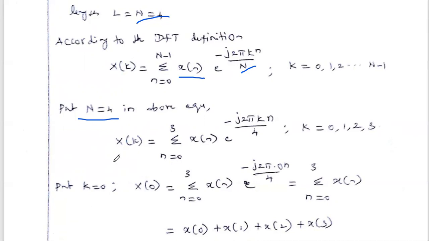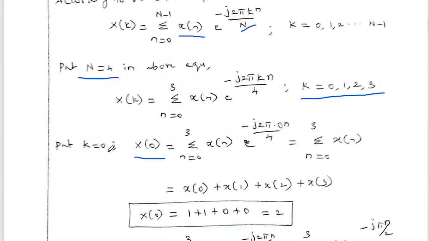In the above formula we have to calculate X of k for 4 different k values. First put k equal to 0 to find X of 0, then k equal to 1 to find X of 1, k equal to 2 for X of 2, and X of 3 similarly. So put k equal to 0 in the above equation.